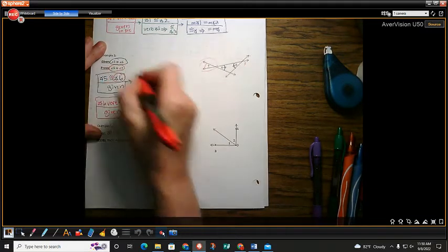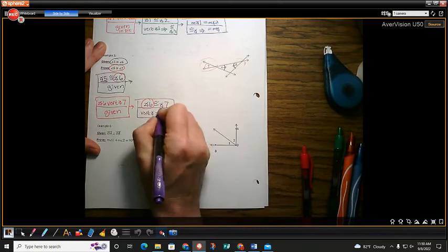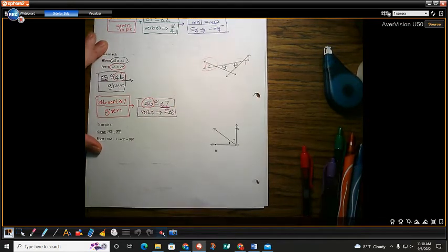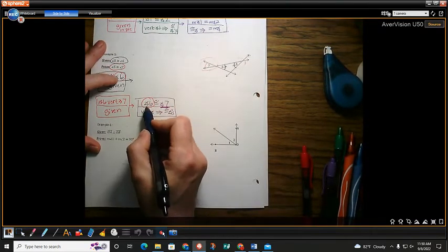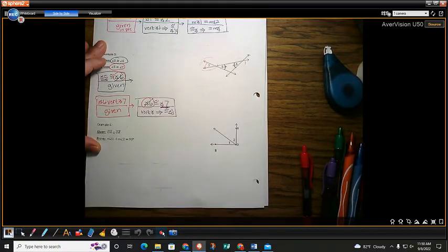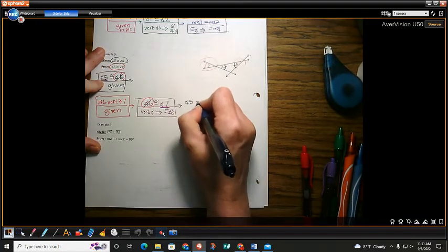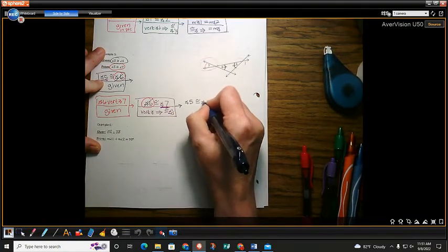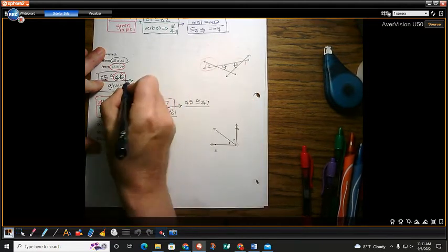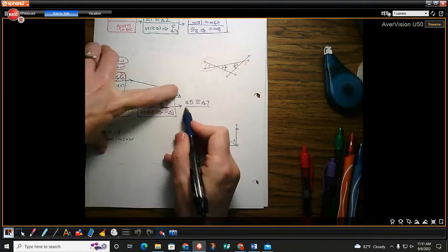Both of these have a 6 in them, but one of them is a 5 and one of them is a 7. So if they're both equal to 6, you can skip the thing they're both equal to and connect angle 5 congruent to angle 7. But I have to take this arrow and point it down there so that the chains get connected.